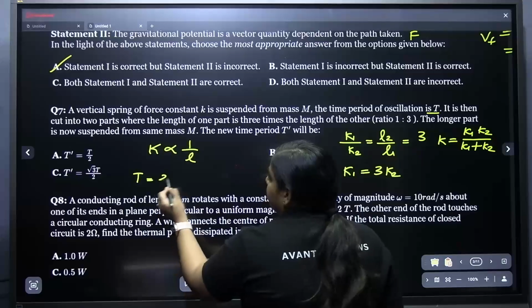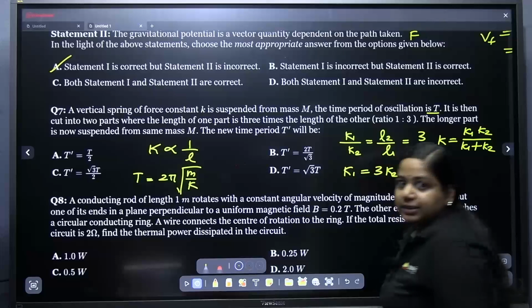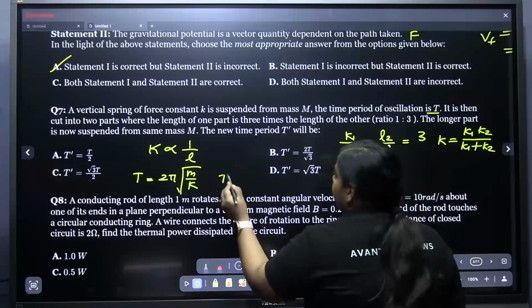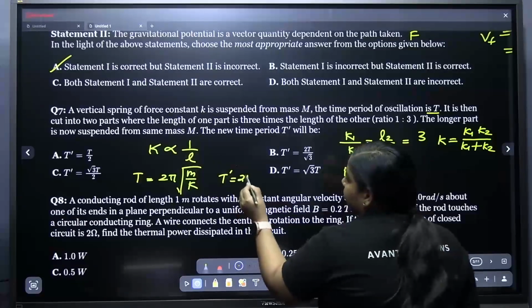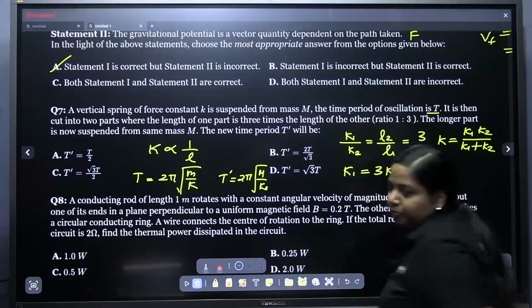Substitute that in the equation. Time period equal to 2 pi root m by k. This is for the first case. New T dash you have to find. You have to write 2 pi root m by K2.